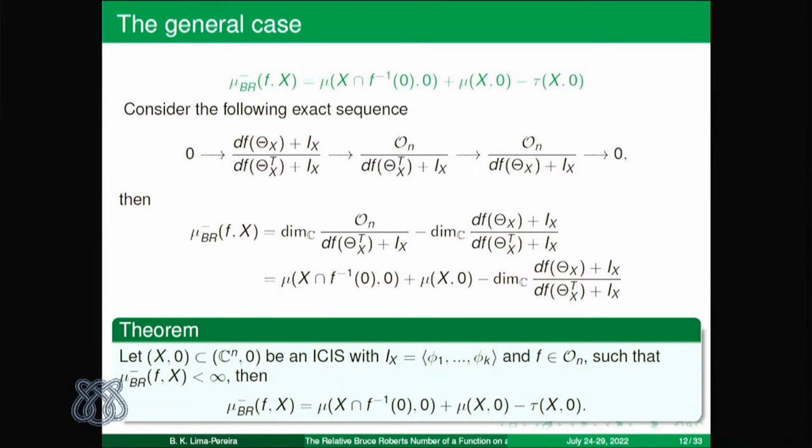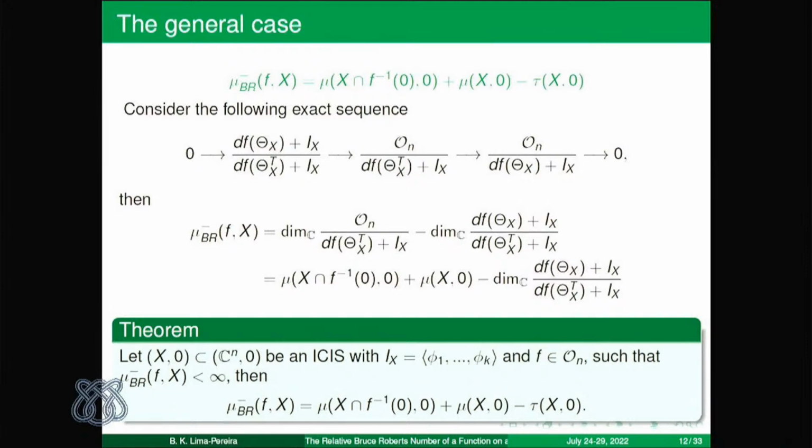Yeah, but the problem is that the model is not Cohen-Macaulay, so you cannot use this multiplicity as a co-length. No, it is Cohen-Macaulay. X is an ICIS. No, the problem is that the Tjurina number, when you mod out by the ideal of X, you reduce yourself to working in O_X,p instead of working in O_n,p, right?